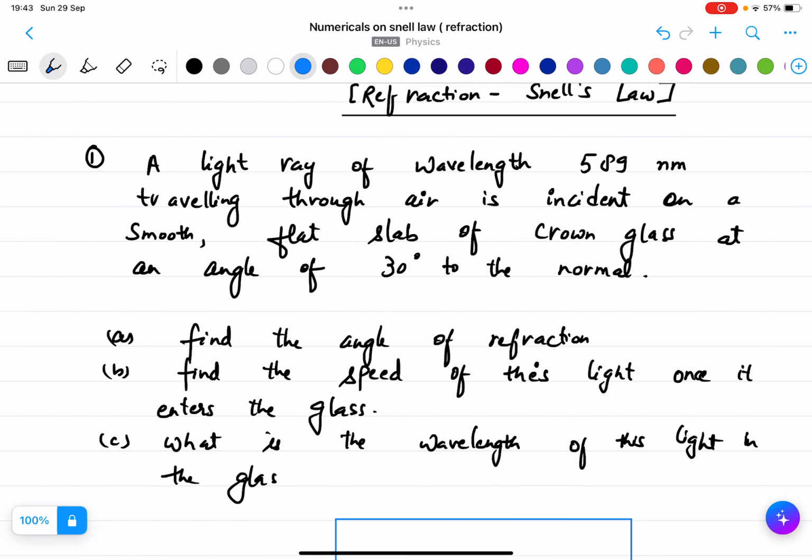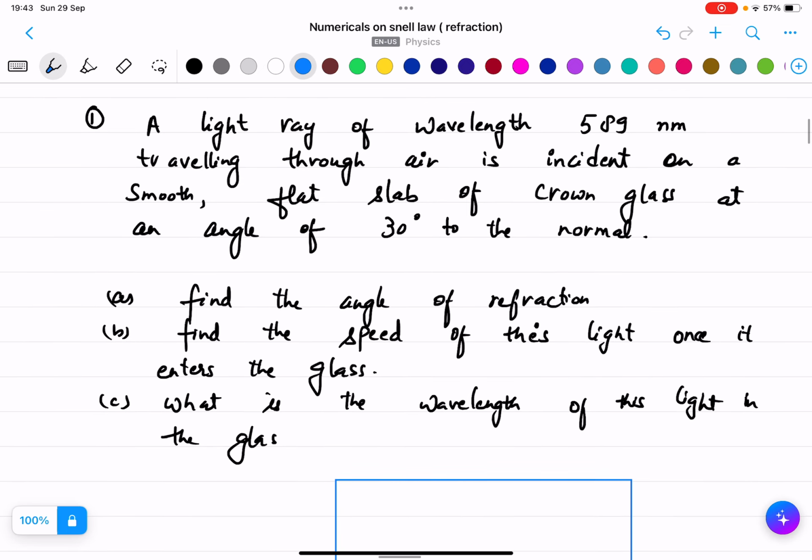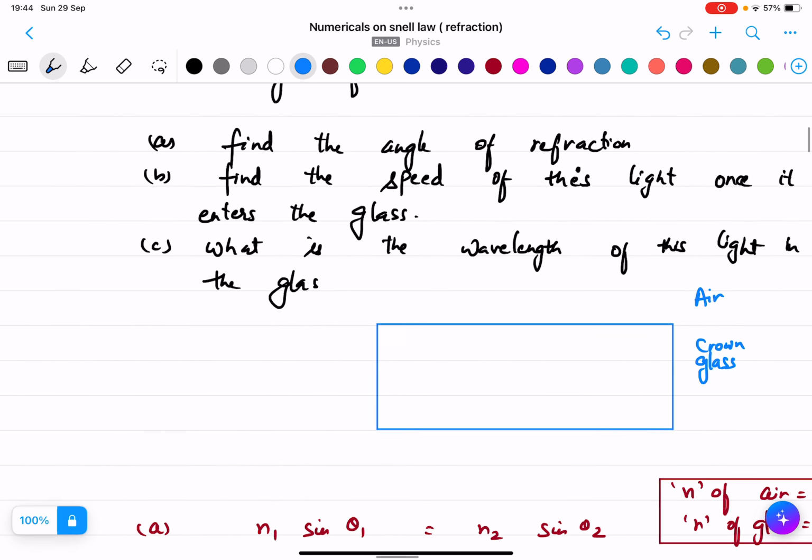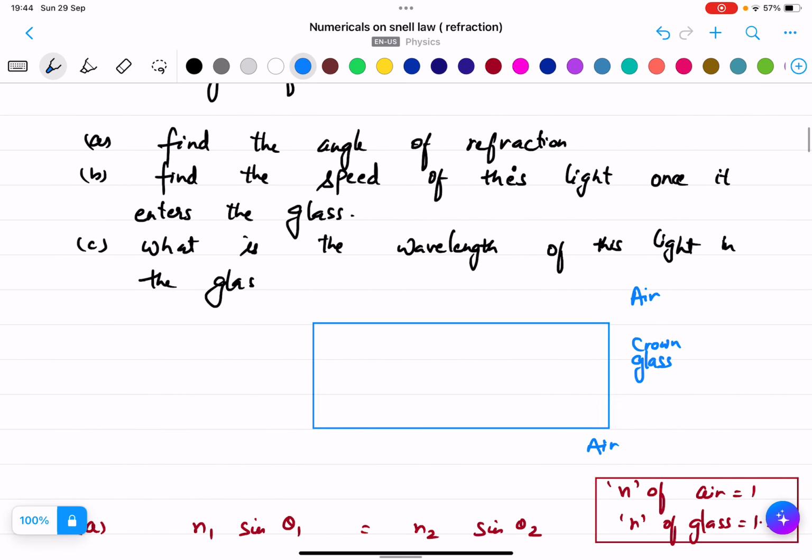A light ray traveling through air is incident on a flat slab of ground glass. Basically this medium is air, this is ground glass, and then again this is your air. I've explained you how to create the diagram in the previous video.